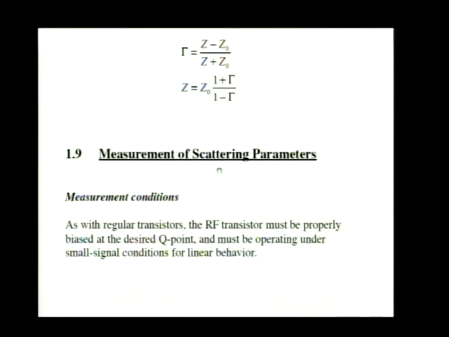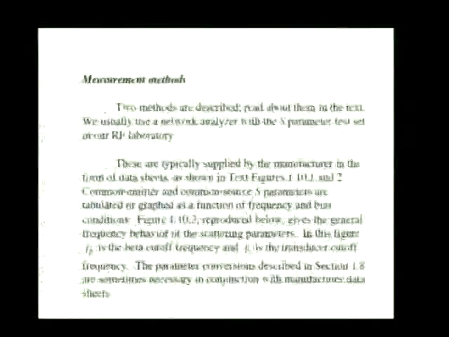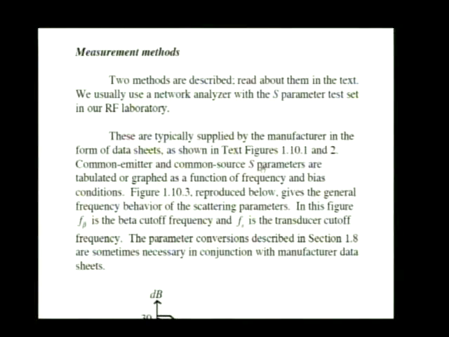We're not going to discuss in any detail the measurement of the scattering parameters in the laboratory. Suffice it to say there's a piece of equipment used in the laboratory called a network analyzer that allows you to very easily measure all of the scattering parameters of any two-port device.